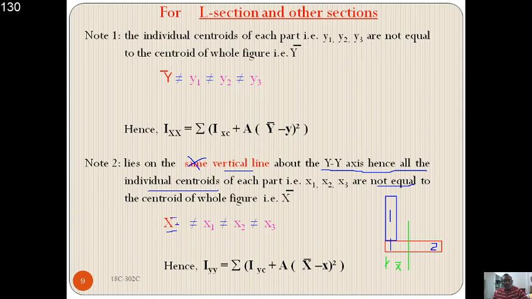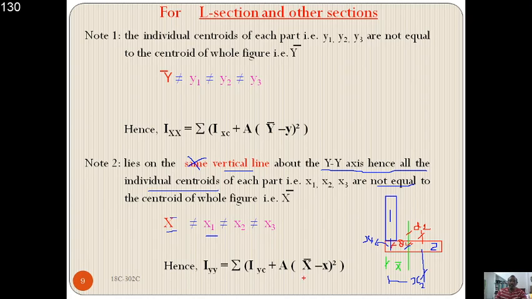So in this case, we need to take the distances of x1. This one is the distance x1, right? And from this point up to this point, it is the x2. Now this distance will be the d2, and this distance from this point to this point will be the d1.